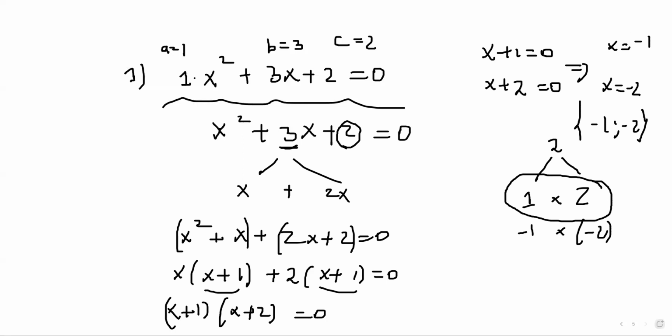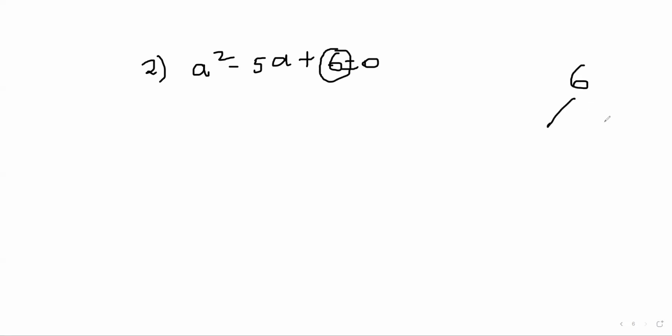And then, you see the process. Now let's do another one here. In this example, example 2, we are going to continue to extend this idea: minus a squared minus 5a plus 6 equals 0. Again, we are looking at 6. Let's write all combinations of products giving 6.